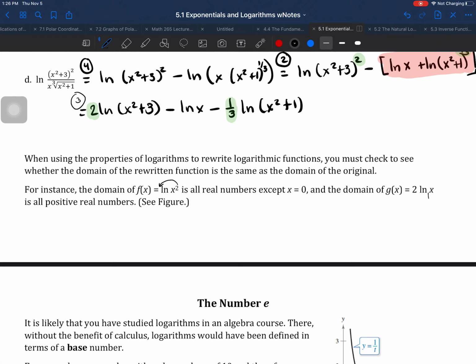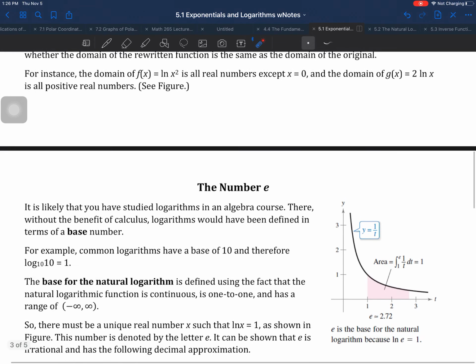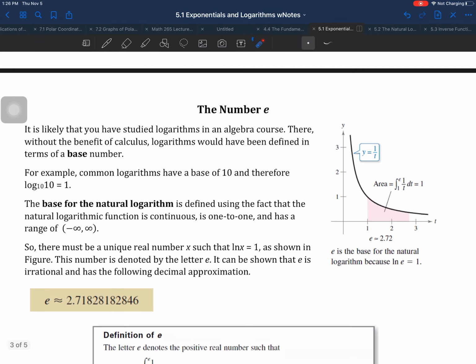We know that the domain for this log is going to be x greater than 0, so it is not consistent with the original function. So we've got to be careful when we apply these rules to make sure that we understand what the domains of each function is.